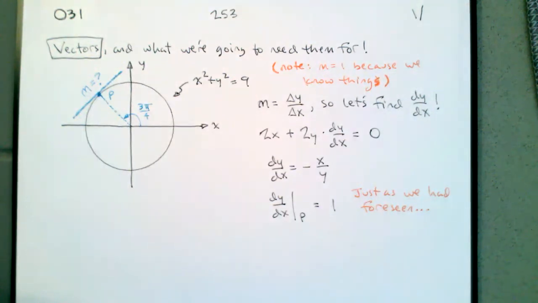But we know that this is not the only way that we can describe what's going on here. We can also look at this circle and come up with parametric equations.